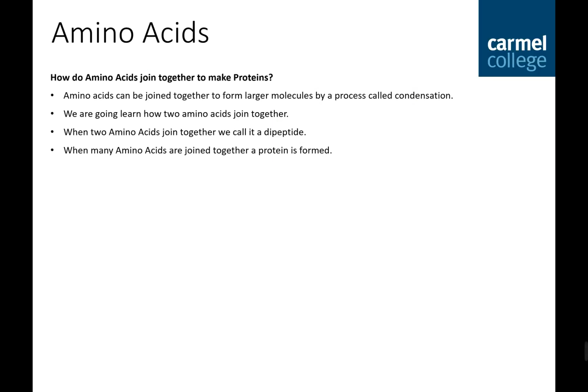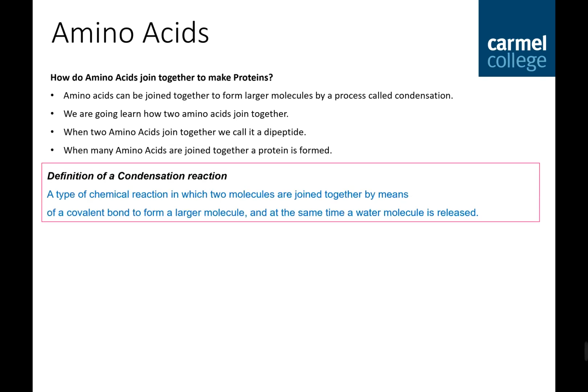As you know from GCSE, amino acids can be joined together to make larger molecules called proteins. We're going to learn how amino acids join together, and we're going to recognise that when two amino acids join together, we call the molecule a dipeptide. If we join many amino acids together in a big long chain, we form a protein molecule.